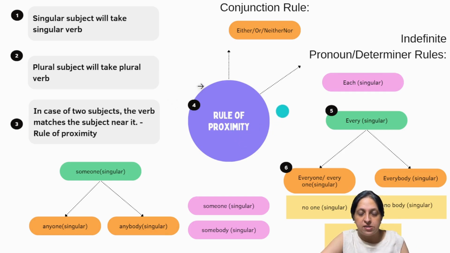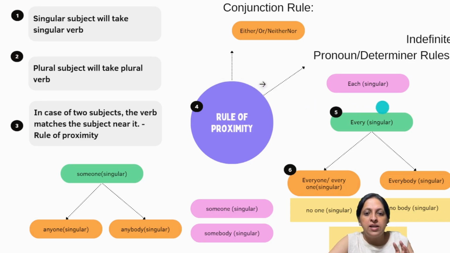But otherwise, if we don't have two subjects, if we are only talking about one subject, then all these words like each, every, everyone, everybody, no one, nobody, someone, somebody, anyone, anybody will take singular.